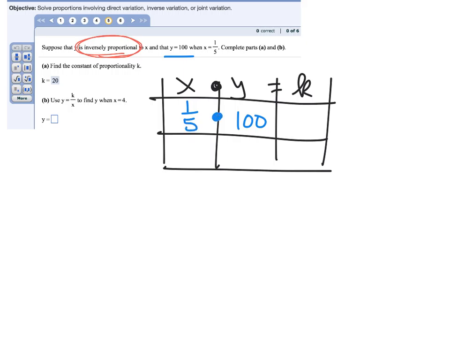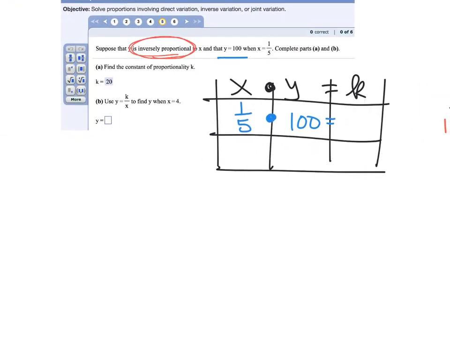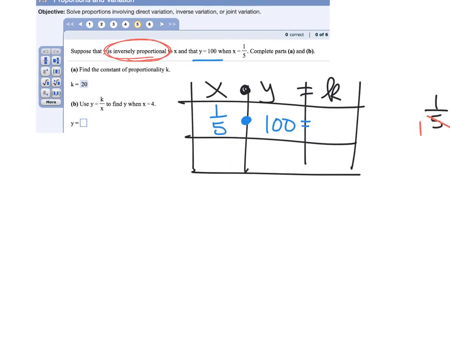So now all we have to do is a little bit of multiplication. So all we have to do is 1/5 times 100 over 1, and we can do a little bit of simplifying. So that's equal to 20. So we know that k is equal to 20.